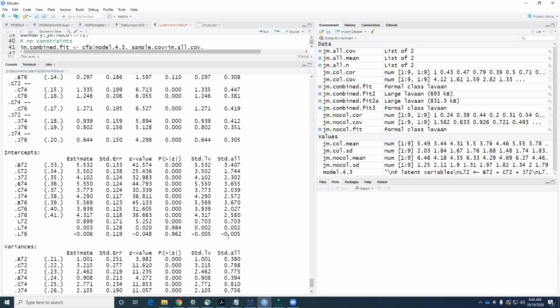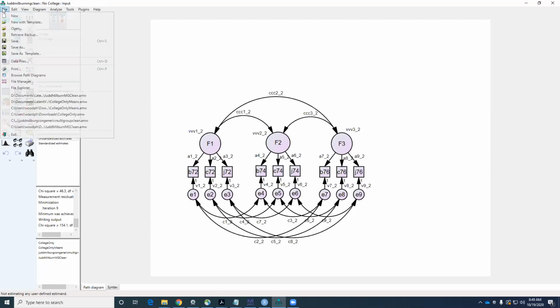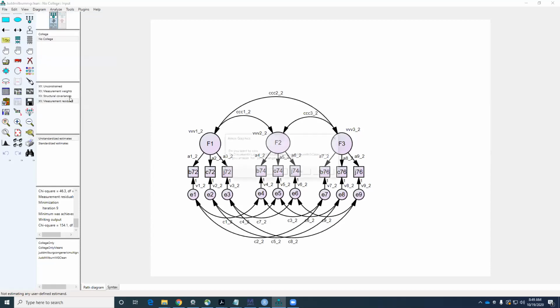So let's come back in here and take a look at this model inside of Amos. In the original article, the way they fit this model, let's take a look at the clean version again.